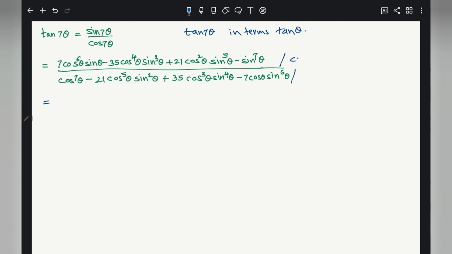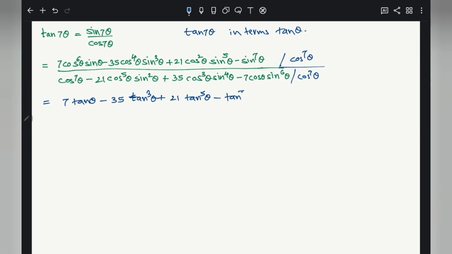So if you divide both by cos^7 theta, then you will get all the terms converted into tan. Like this first one upon cos^7 will become tan theta, because cos^6 will get cancelled, here 4 will get cancelled, and it will be tan^3 theta plus, so you will see whatever sine powers you have, that much tan powers you will be getting.